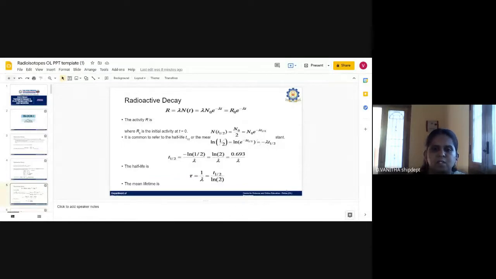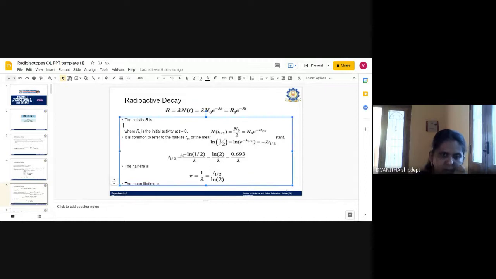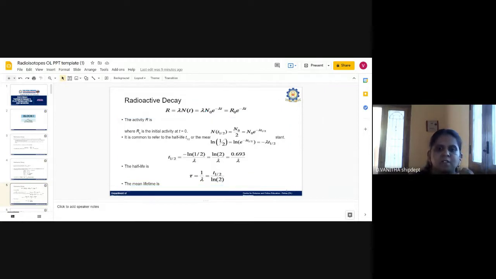So there will be a minus symbol, and minus ln 1 by 2 is equal to ln 1 by 2 whole power minus 1, which is ln 2. So ln 2, which is 0.693, equals lambda times T half.